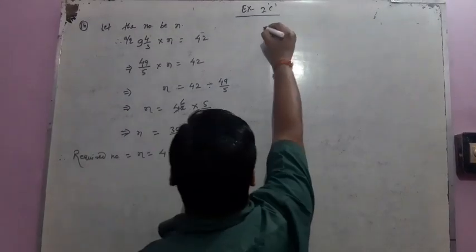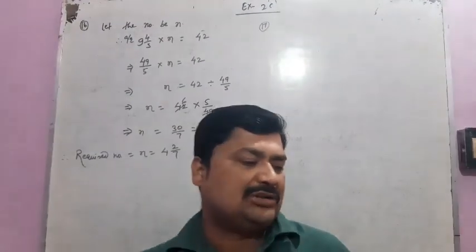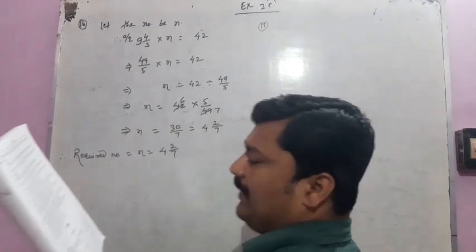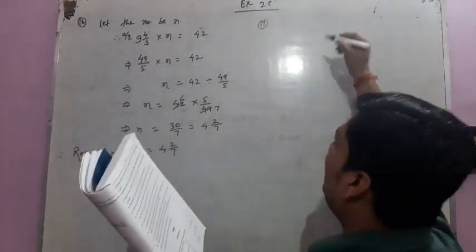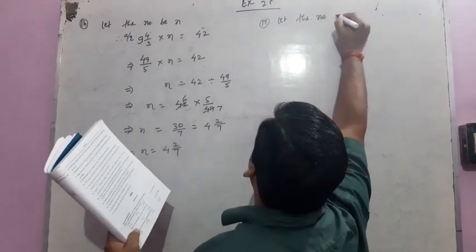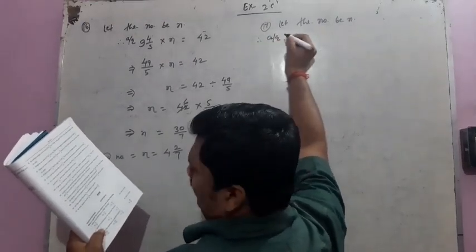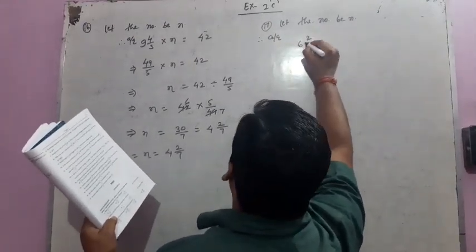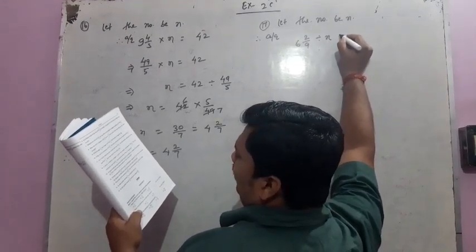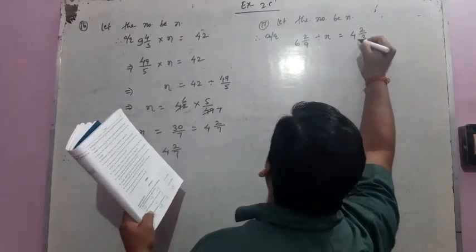Now in question number 17, it is given that by what number should 6 whole 2 by 9 be divided to obtain 4 whole 2 by 3. Again here we consider the number x, let the number be x. Therefore according to the question, if 6 whole 2 by 9 is divided by x, then it will be equal to 4 whole 2 by 3.